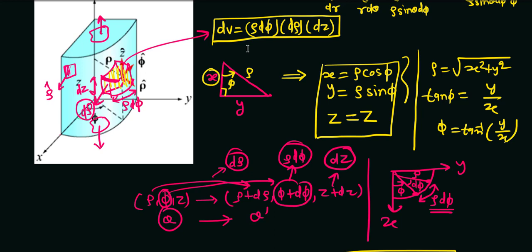You just have to multiply the corresponding lengths. So on this surface the area would be rho d phi multiplied by dz. If you are on the top surface, this would be different, but you can find it easily by multiplying the length and height. So this is about the cylindrical coordinate system.